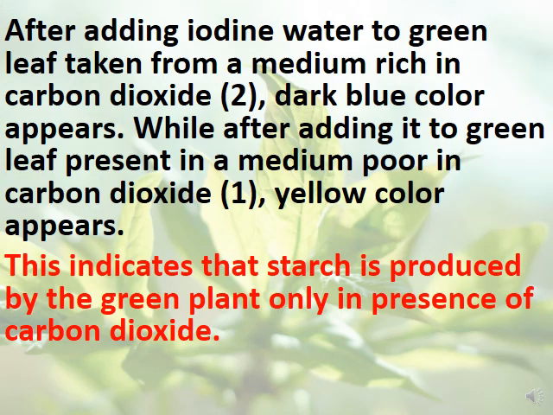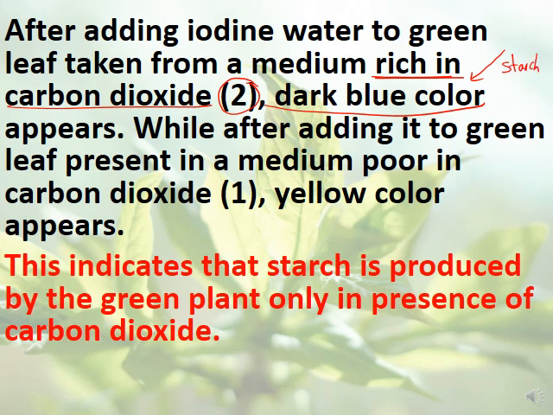So let's move now to the interpretation. After adding iodine water to a green leaf taken from a medium that's rich in carbon dioxide, medium 2 or plant 2, we have dark blue color. What does this mean? Dark blue color means that we have starch.